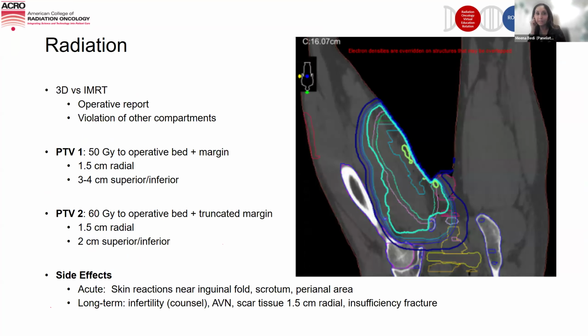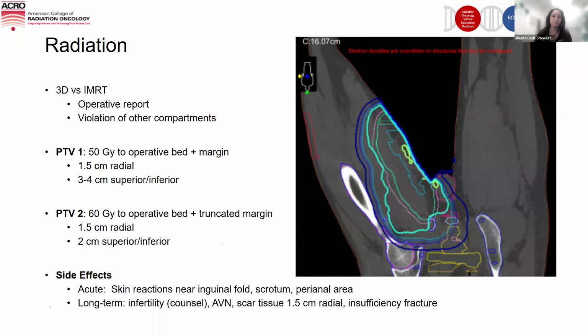Okay, 3D versus IMRT. Usually in the thigh, and in many locations, I will really try to do IMRT. It gives you a nice conformal dose. You're not going into these adjacent compartments and affecting some of that from a toxicity standpoint.